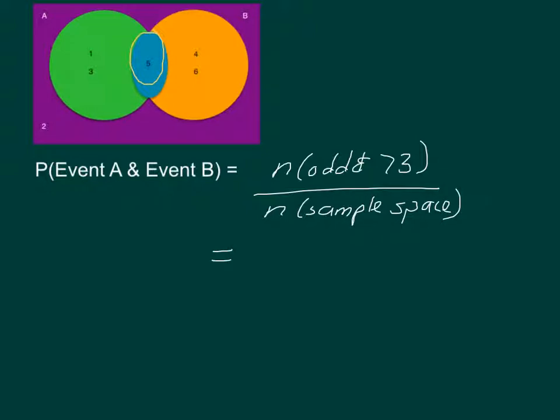Since 5 is the only number that is odd and greater than the number 3, that means I only have one possibility out of the 6 within the sample space. So therefore my probability is 1 over 6, or 17%.